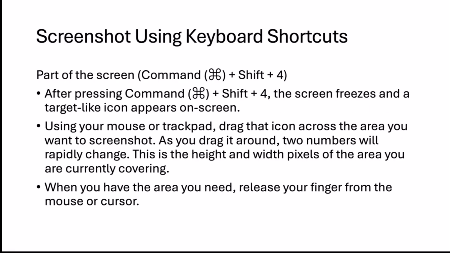If you want to take just part of a screen, you'll use the Command key plus Shift plus 4, and that freezes the screen and a target-like icon appears. Use your mouse or trackpad to drag the icon across the area you want to screenshot, and as you drag it around, two numbers will rapidly change.